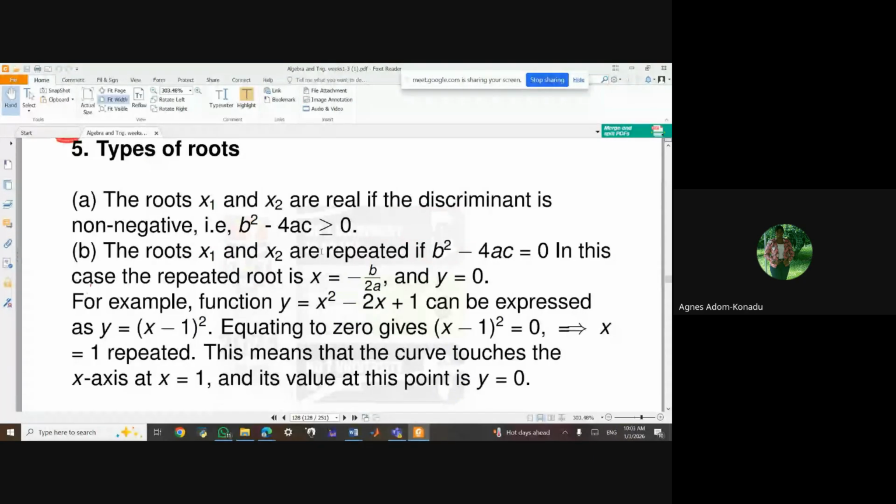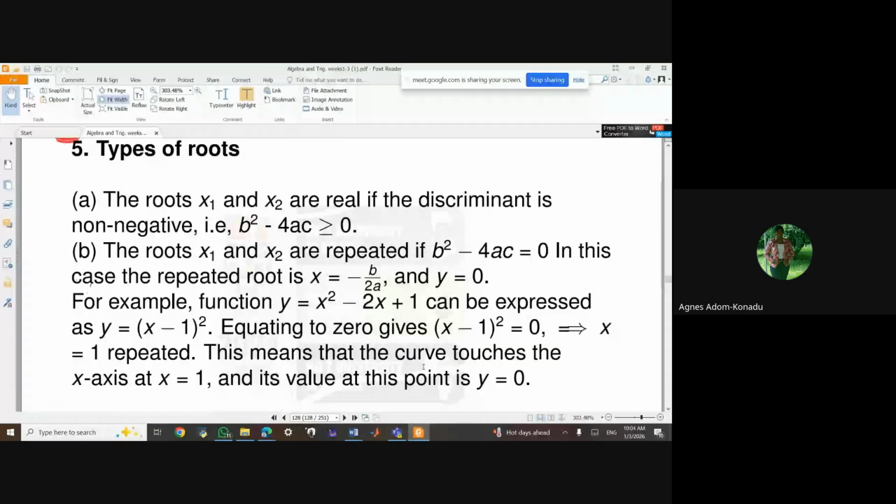An example of this is when I have y is equal to x squared minus 2x plus 1. This can be written as y is equal to (x minus 1) squared. When y is equal to 0, I'm going to get my x to be equal to 1, repeated.